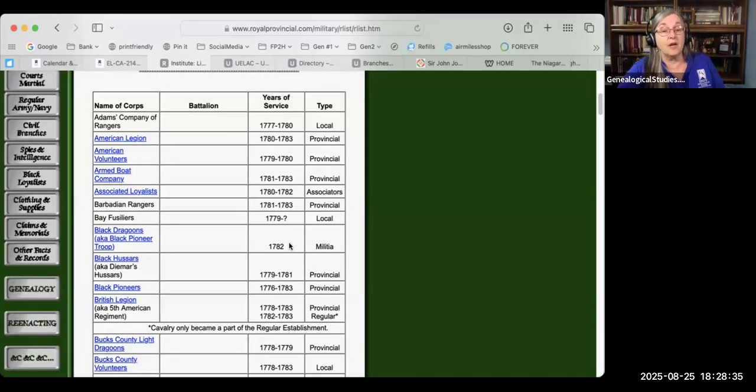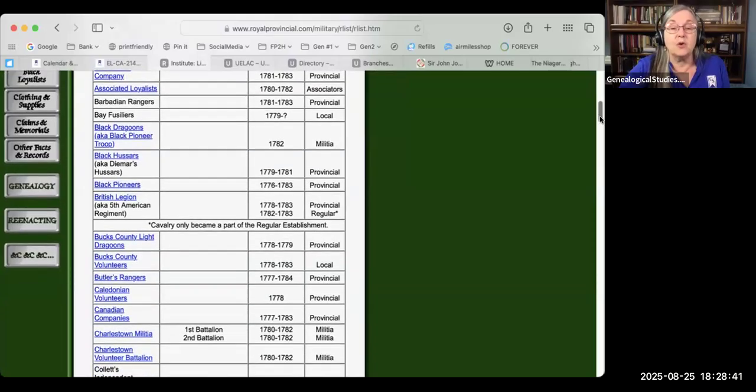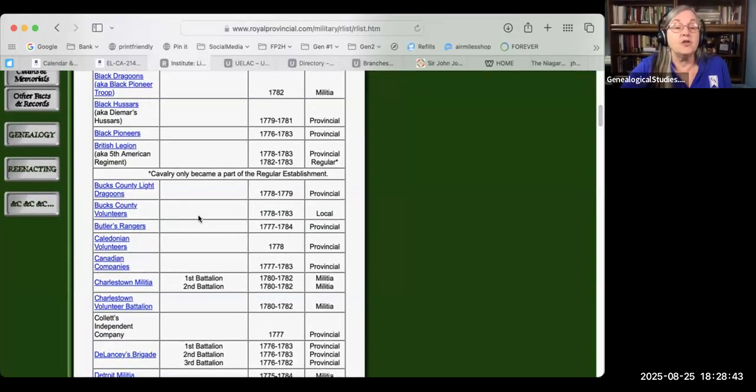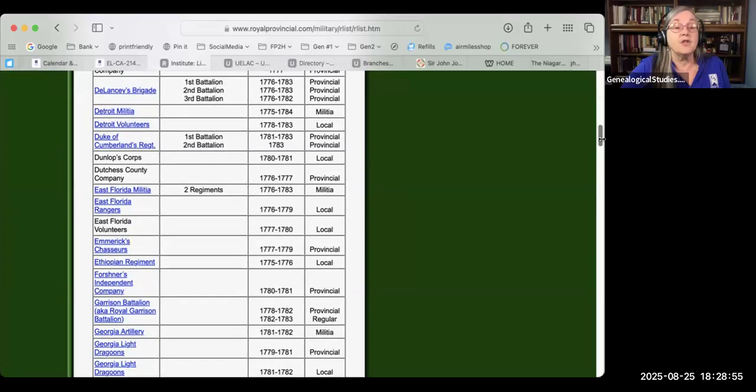Sometimes they were integrated into other companies as their numbers dwindled. Then they would join together. Butler's Rangers are the ones that settled in Niagara and in the area that I am. So a lot of our loyalists here were from the Butler's Rangers, and just go through.